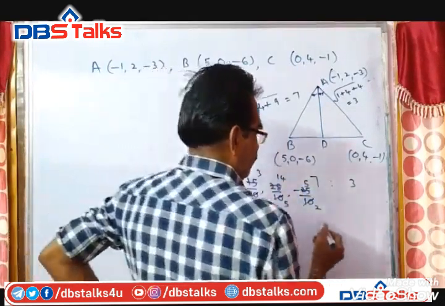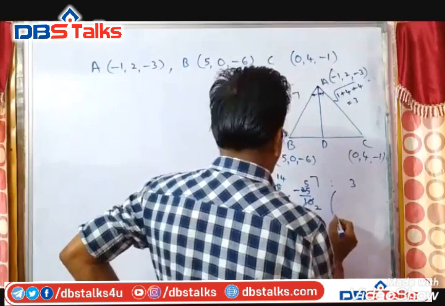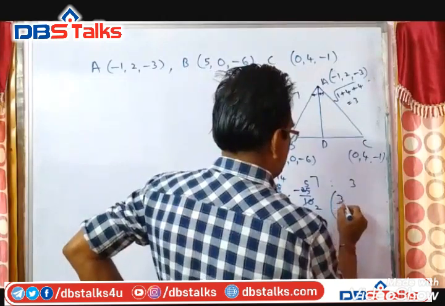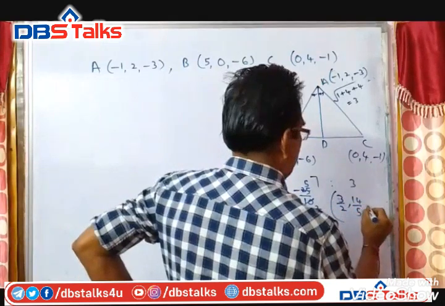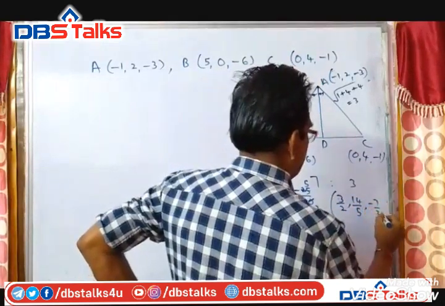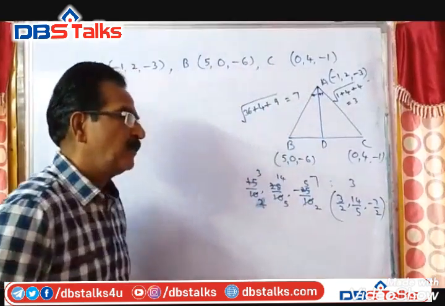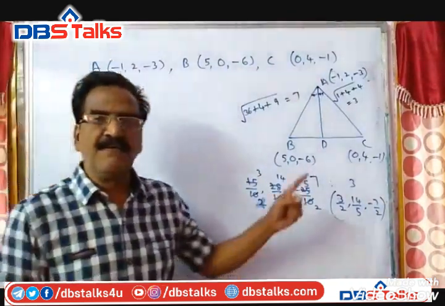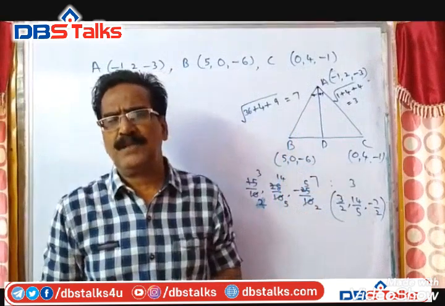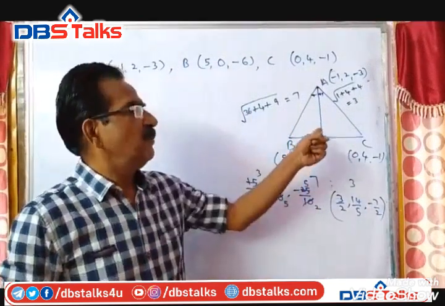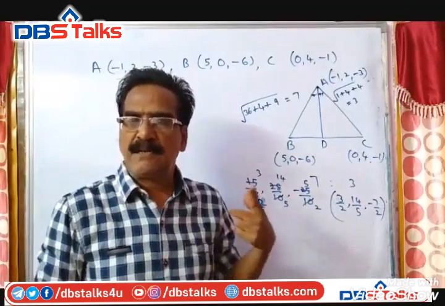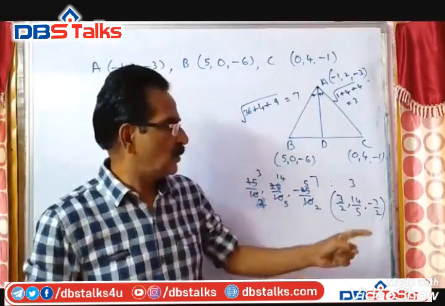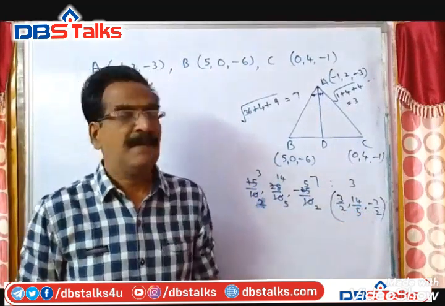So the coordinates of D are 3 by 2, 14 by 5, minus 5 by 2. These are the coordinates of D. Finding the coordinates of D can be one question. So this is one question.